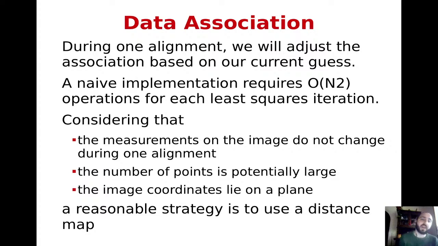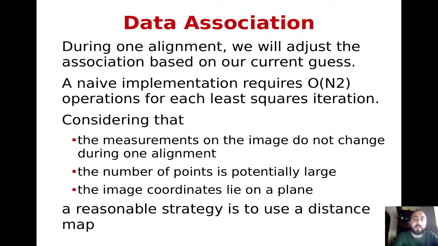If I have n 3D points projected and n measurements, this will be my cost, O of n squared. So to speed things up, we can approach the problem by using a distance map, because in fact we have 2D observations, so our problem is first of all a low dimensional problem.